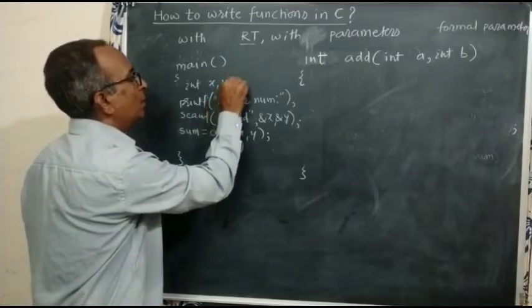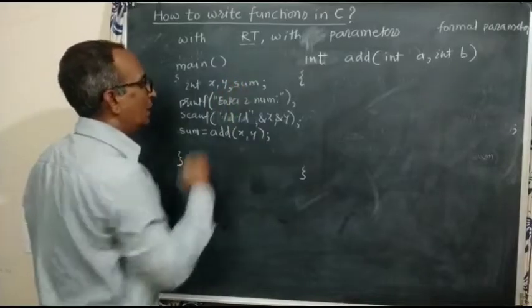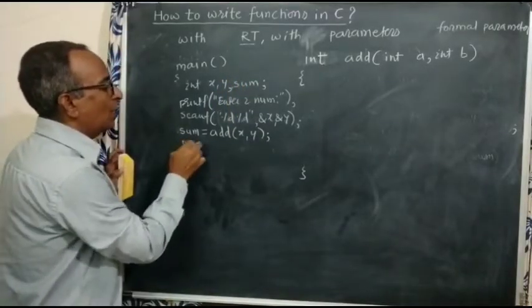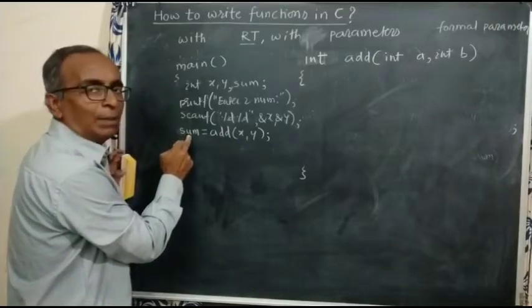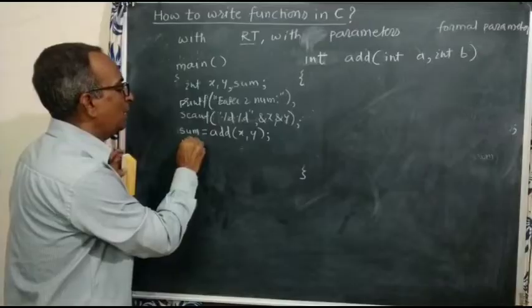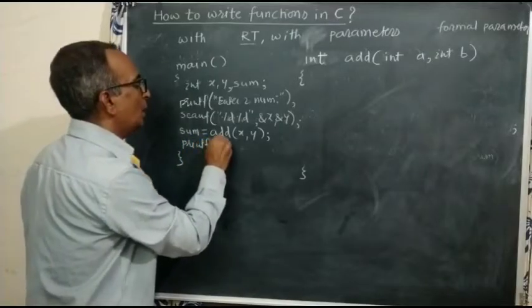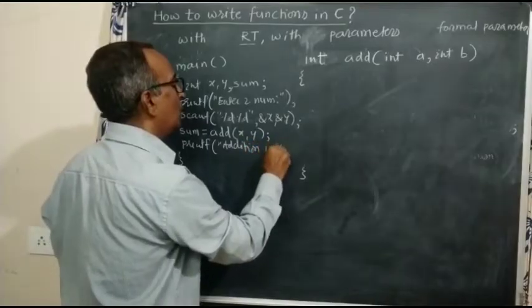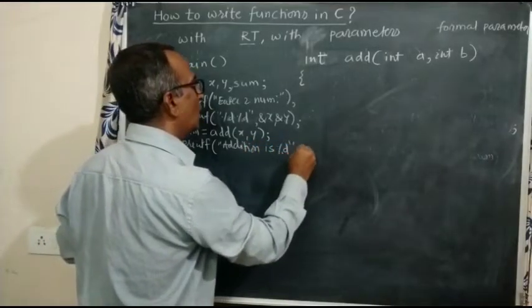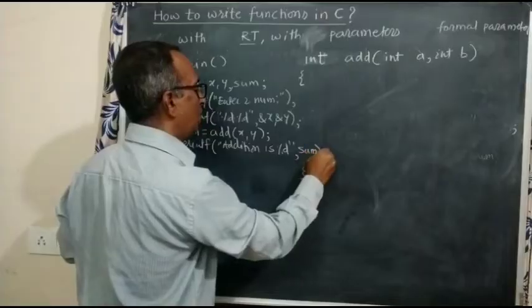So sum is to be declared here. Then whatever addition it gives, the sum is available. So it will print the addition is %d. Now at this place I am printing sum.